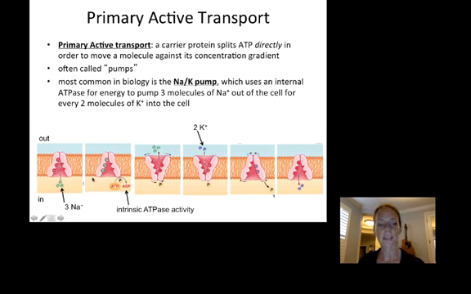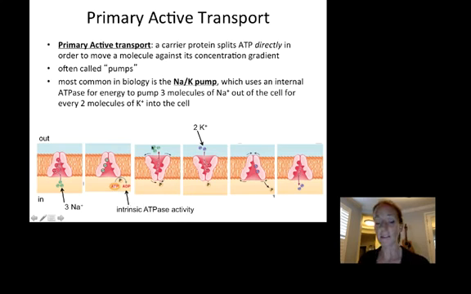And it will do this to set up sodium and potassium gradients that can then be used for electrical or other activities in the cell. So here we've got 3 sodiums being pumped out when ATP is broken, and 2 potassiums being pumped into the cell due to this intrinsic ATPase activity.